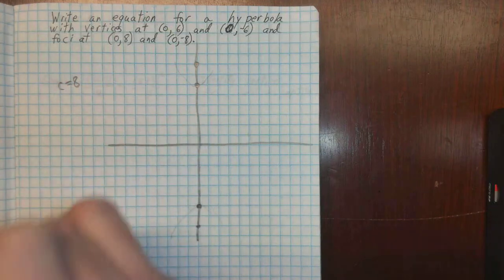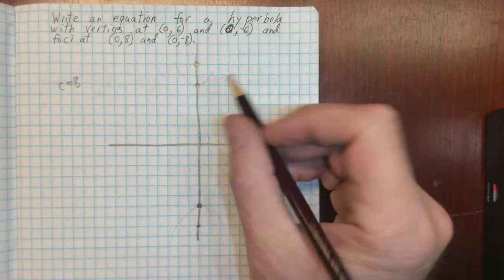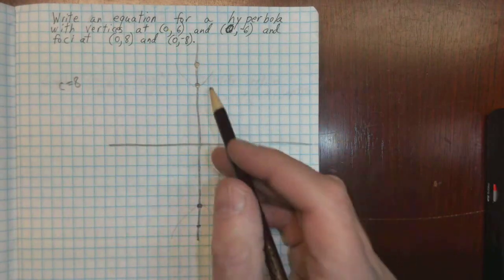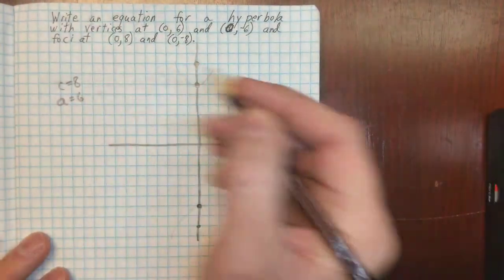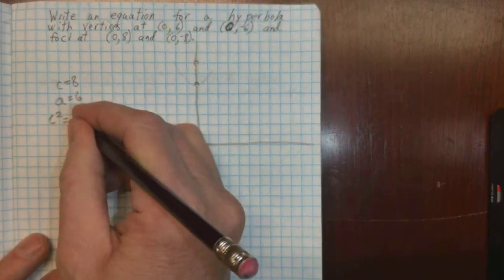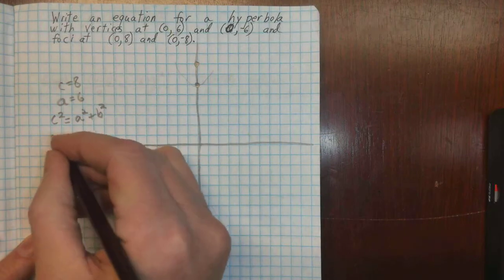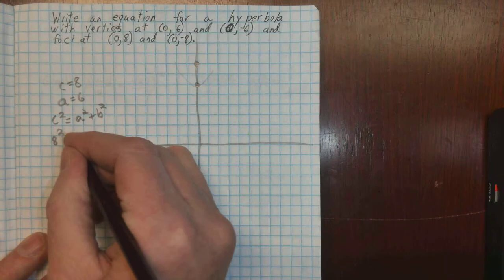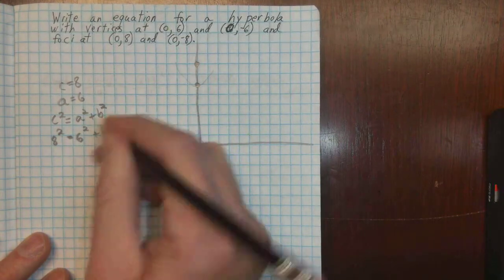And then I'm going to call, let's see, it's over the y, so I'm going to call a 6. And if you recall, c squared is equal to a squared plus b squared. And c, that's 8 squared equals 6 squared plus b squared.